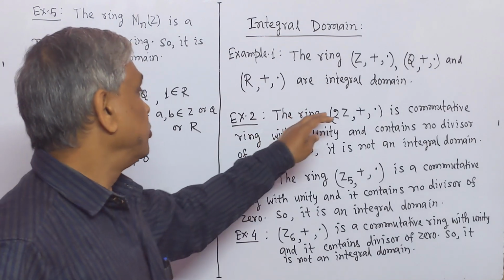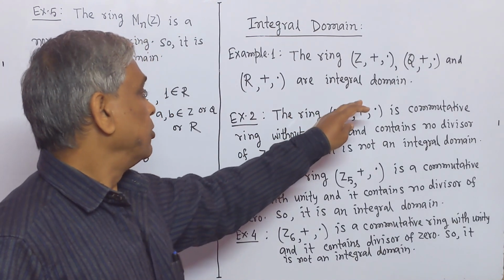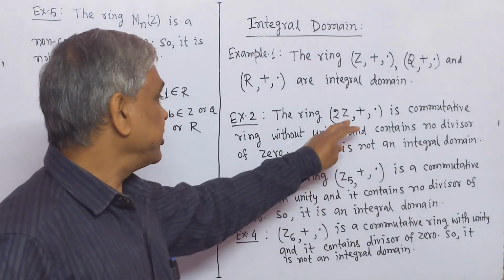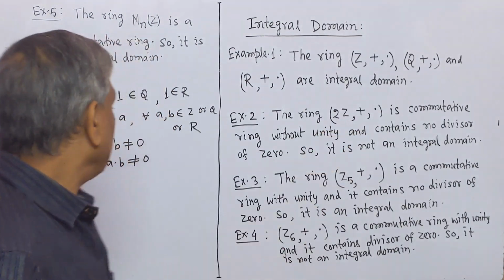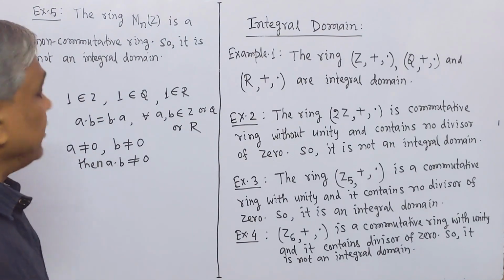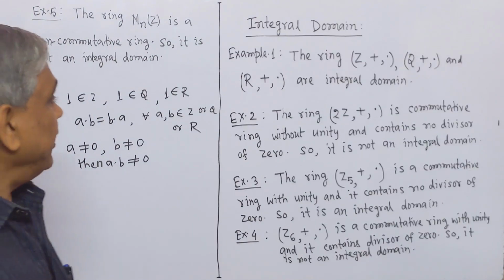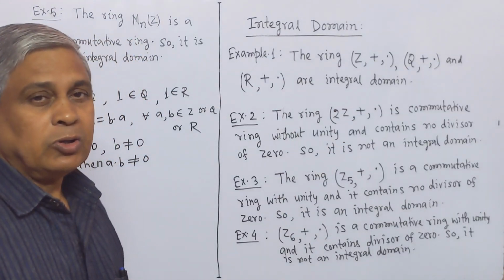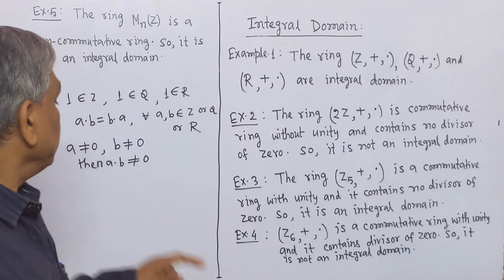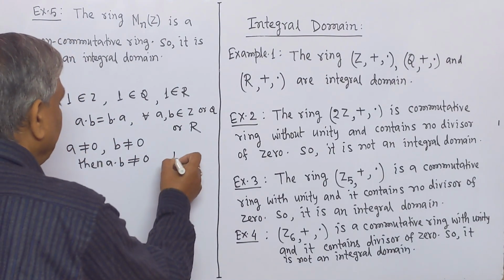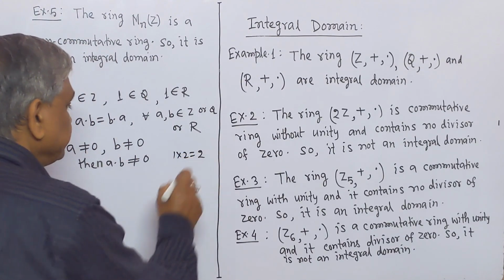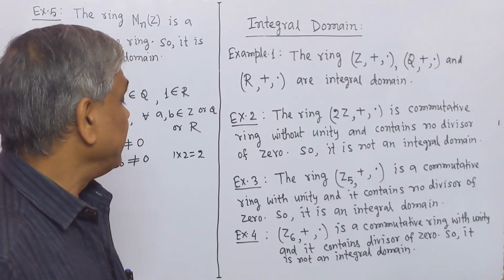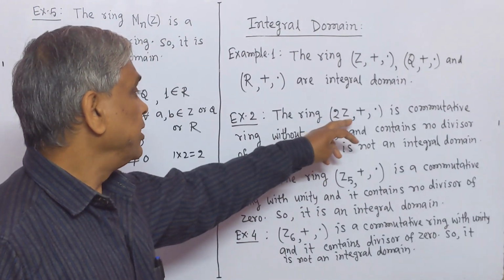Here example 2. 2Z with binary composition addition and multiplication, where Z is the set of integers. Since 1 belongs to Z, if we multiply all the members of Z by 2, 1 changes to 2. So we do not get a unity element in 2Z.